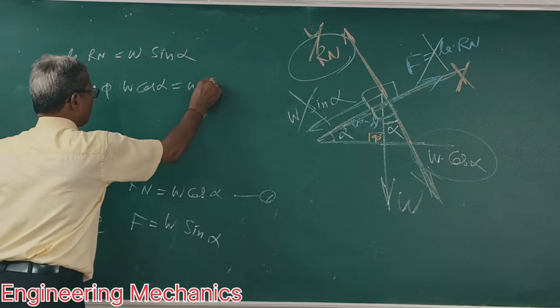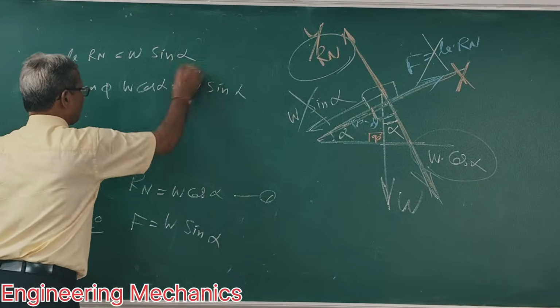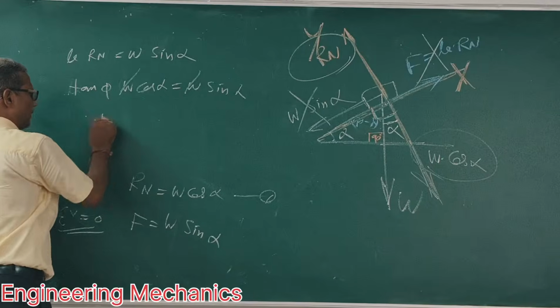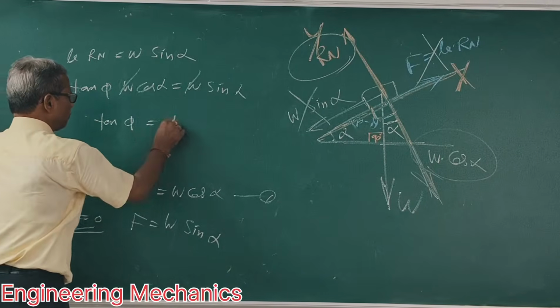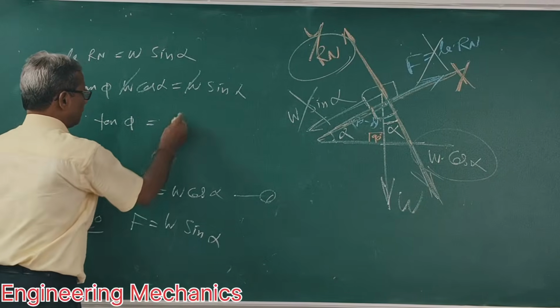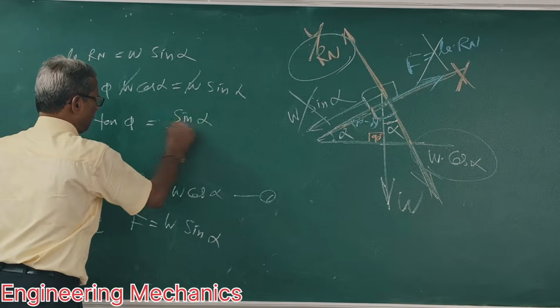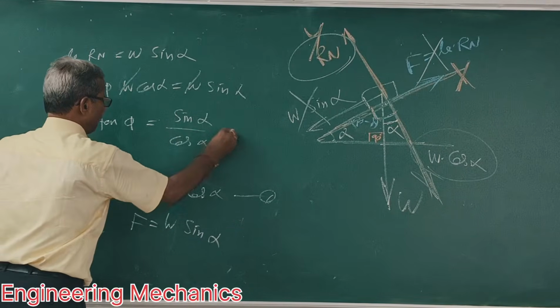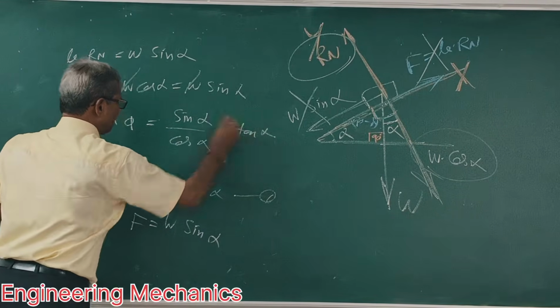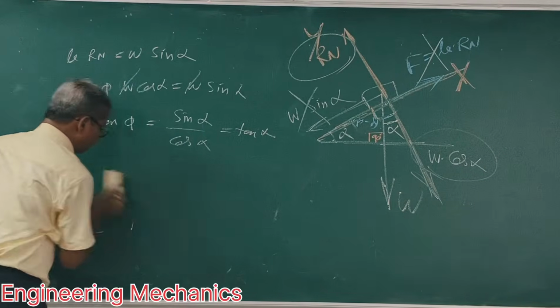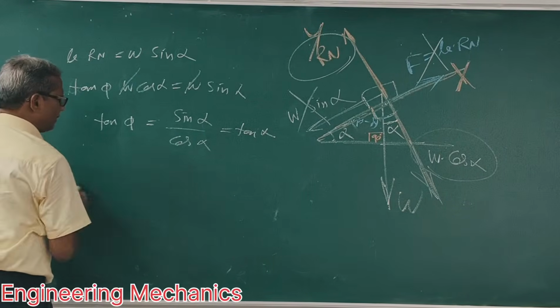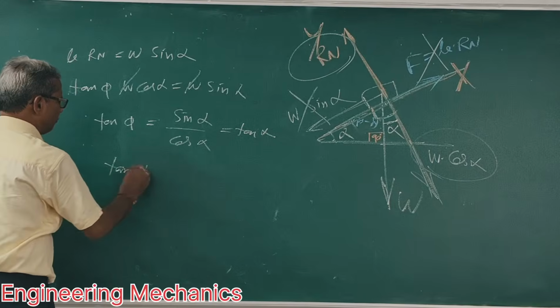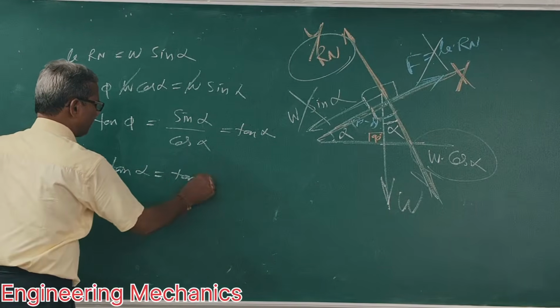W cancels out. So tan alpha is equal to sin alpha by cos alpha. Now tan alpha is equal to tan phi. So alpha is equal to phi.